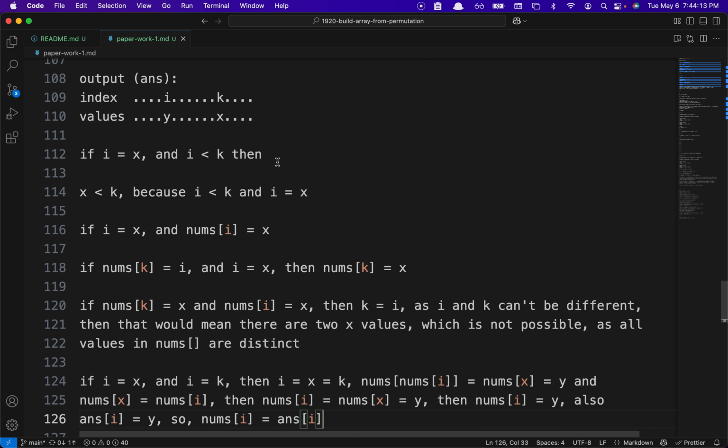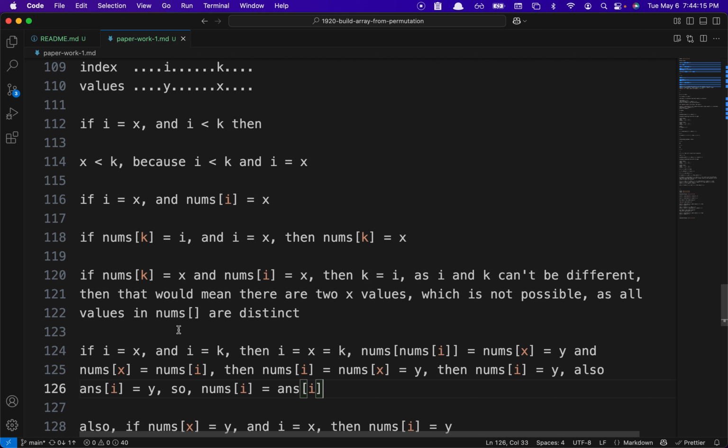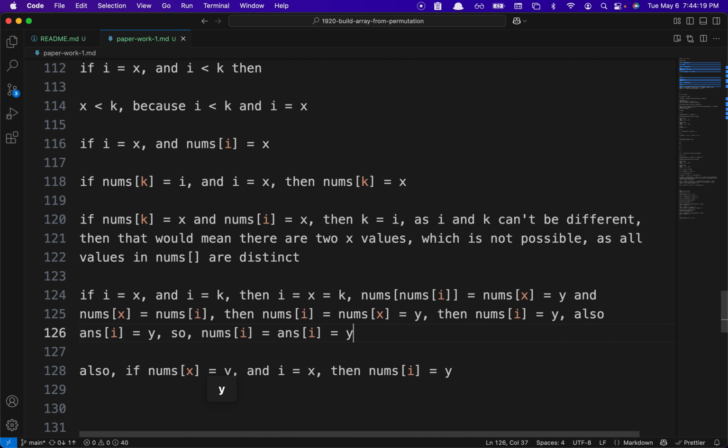If nums of i is y, also answer is, so nums of i equal to answer of i equal to y, and we also know that nums of i is also equal to x, which is equal to i, which is equal to answer of i.